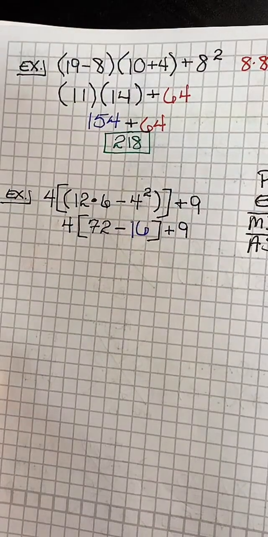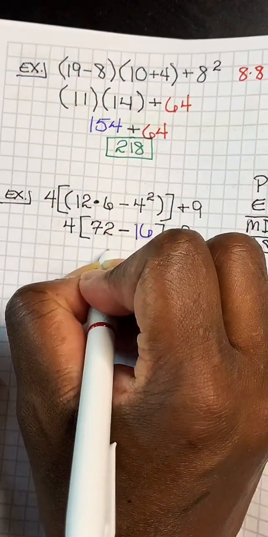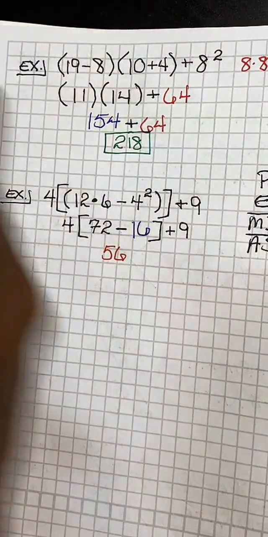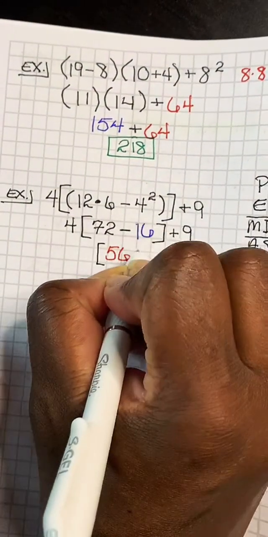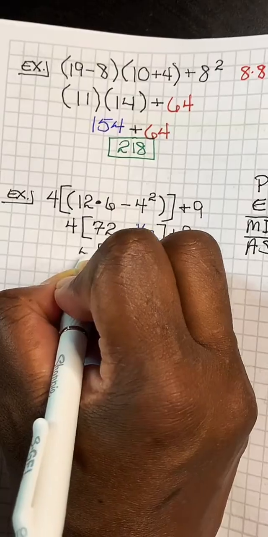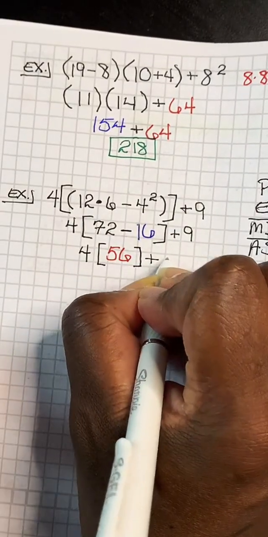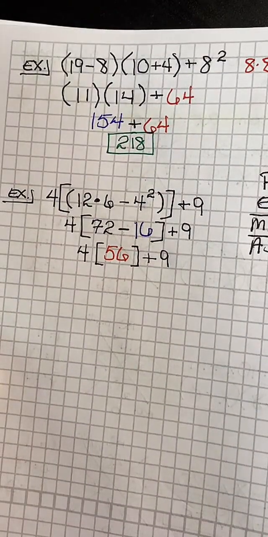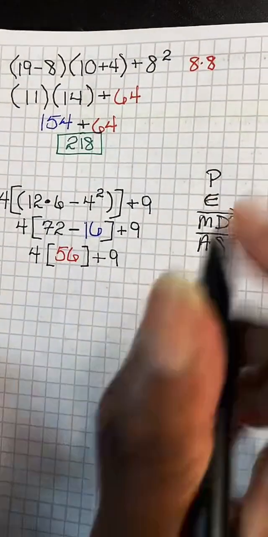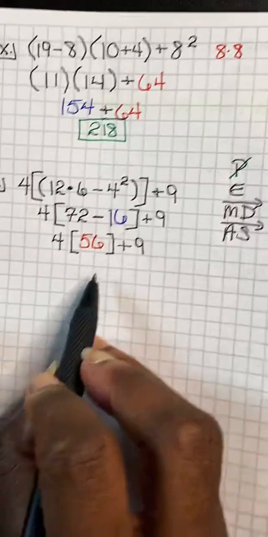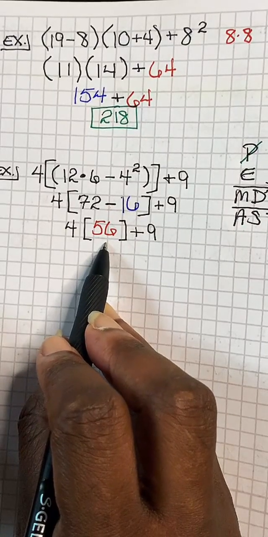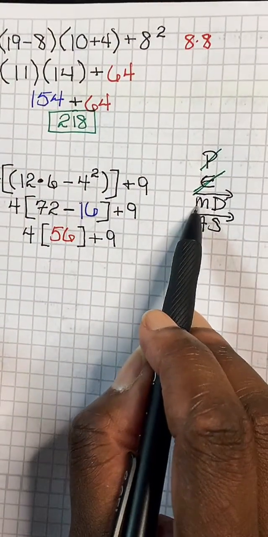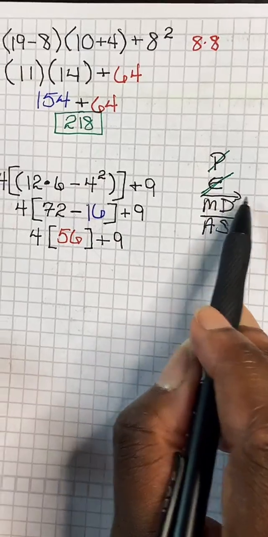So when we tackle that, we're going to get our 56, and that's still engulfed inside the brackets because we got our 4 there and our plus 9. So now what we need to do, we took care of the parentheses, okay, because all we have is a single number inside the bracket. We took care of the exponent early on. So now we're doing multiplication or division from left to right.